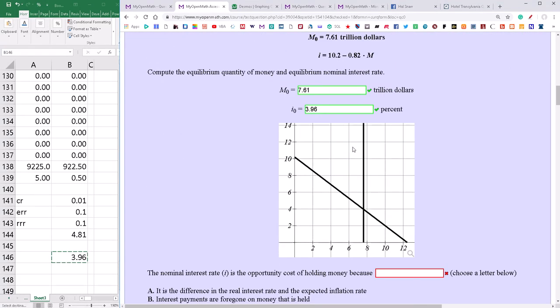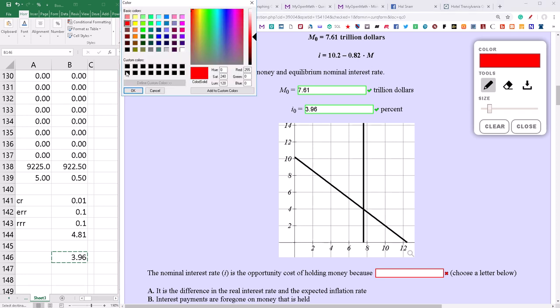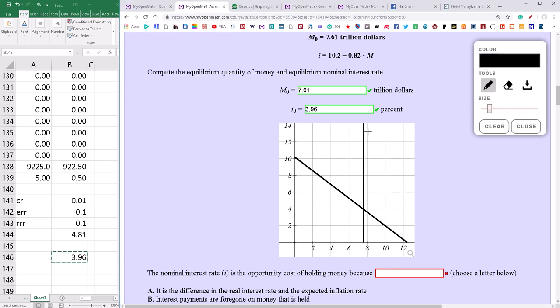Okay. Now I'm going to go ahead and label the graph. I'll change the color to black. So this is the money supply. This is money demand. The equilibrium is right here. And then the nominal rate of interest at equilibrium is just below 4, 3.96.